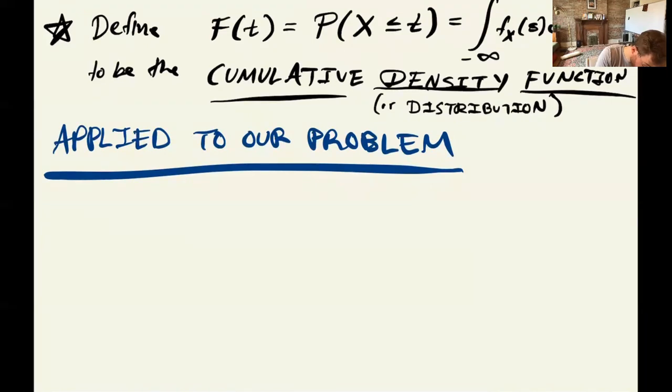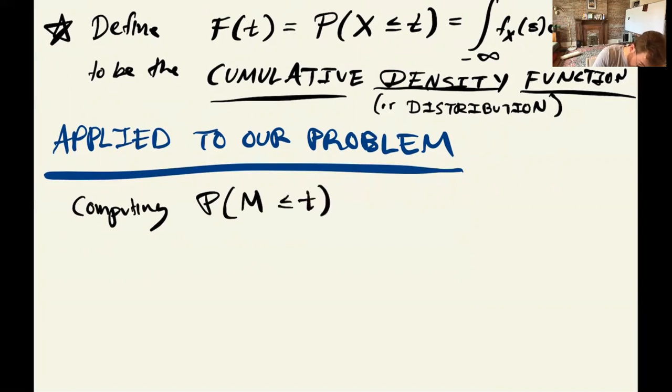Computing the probability that M is less than or equal to t is hard.